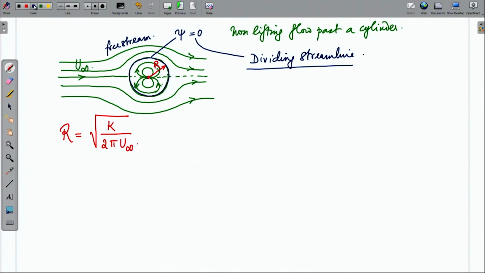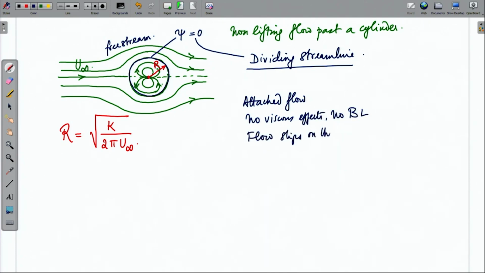So, the kind of flow that you are looking at is a completely attached flow, because potential flow always remains attached to the body. There are no near wall viscous effects, no boundary layer, and flow slips on the surface. That means there is no no-slip condition.